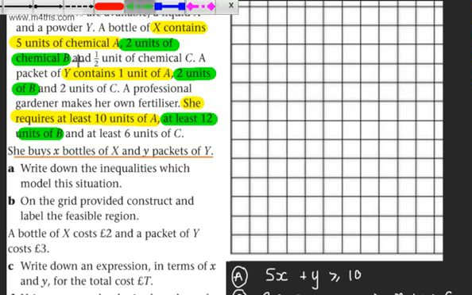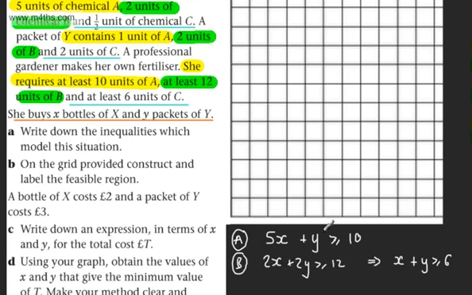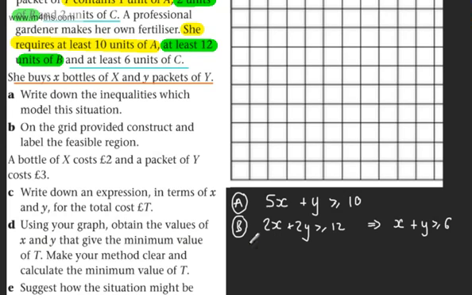Okay, let's go ahead and consider now chemical C. And I'll just use a different colour here. So what we're going to have is 1/2 a unit of chemical C, and then we're going to have 2 units of chemical C, and that's got to be at least 6. So for C, we can say that 1/2 x plus, now we've got here that Y has 2 units of C, so plus 2y must be at least 6.